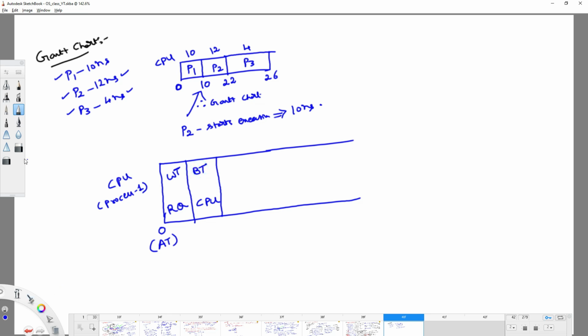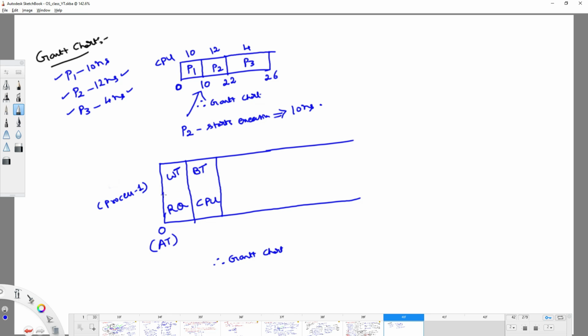Guys, I am trying to define it for one particular process Gantt chart. A particular process arrived at 0 time and it is waiting to make it to running, right?